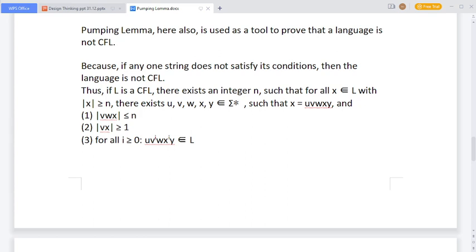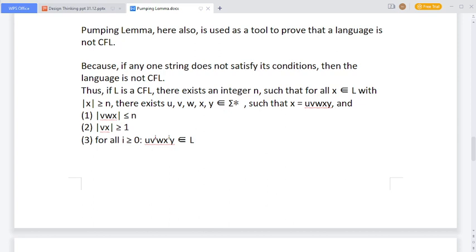So what are the rules behind this? L is a CFL, then there exists an integer n, you can assume any integer value, such that for all x belonging to L with modulus of x greater than or equal to n, as in the regular language, the total string is split into 4 parts, u, v, x, y.